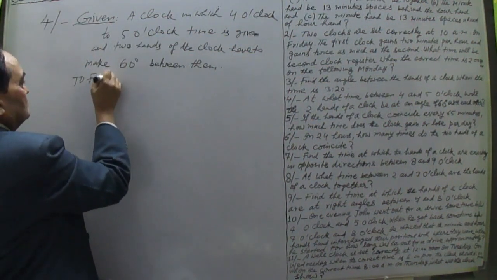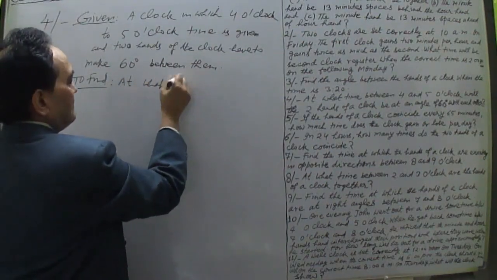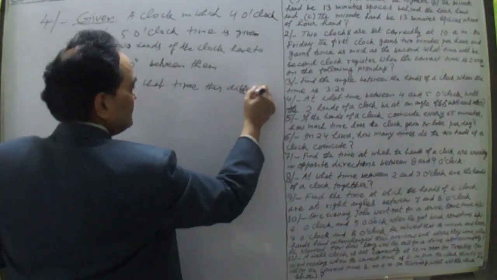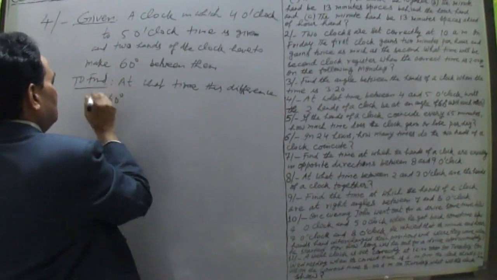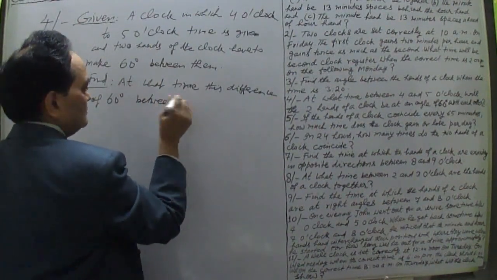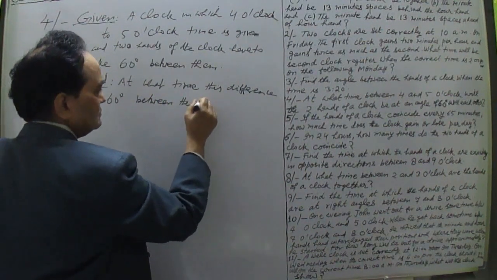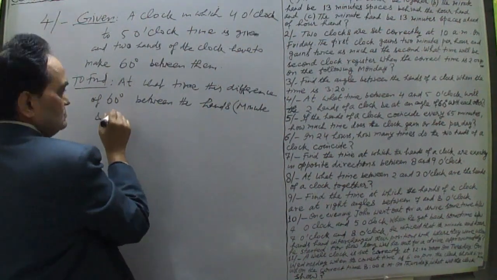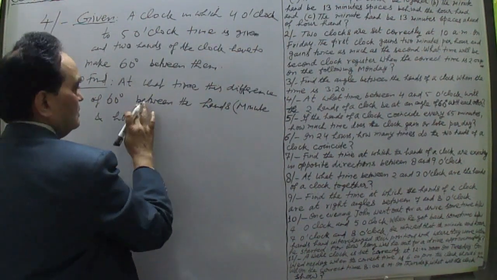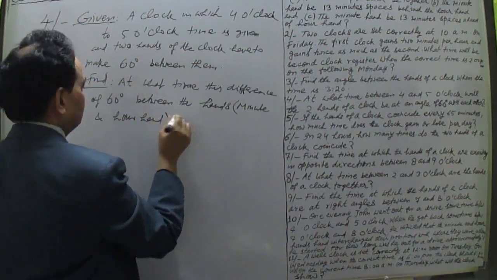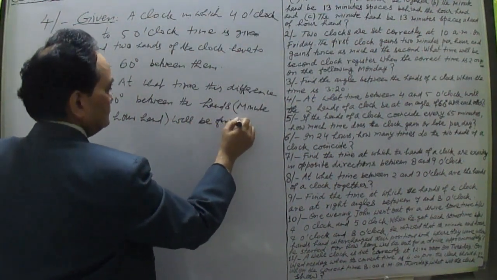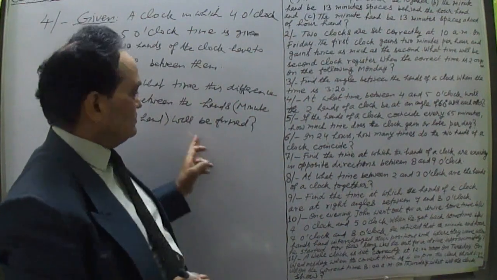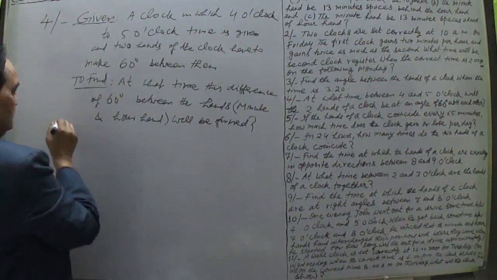So find here at what time this difference of 60 degree between the hands of the clock, that means minute hand and hour hand, will be formed. That time we have to find out. Okay, so let us take your solution.